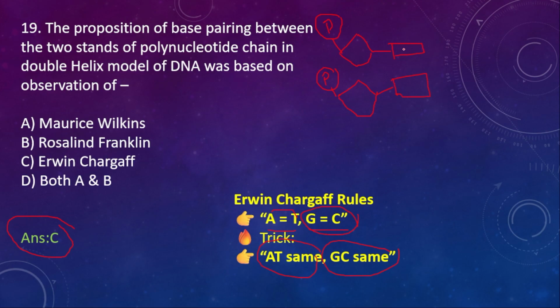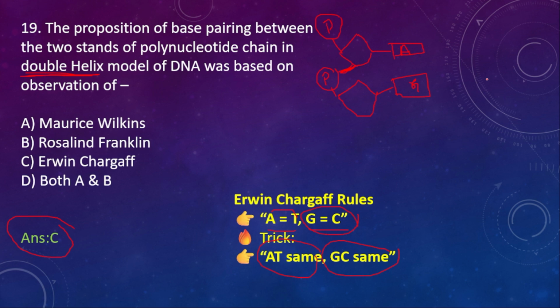If I take a purine here, that is A, and then here I will take G, and the bond is the phosphodiester bond. You know DNA is a double helix, isn't it? This is only a single nucleotide chain I have drawn.